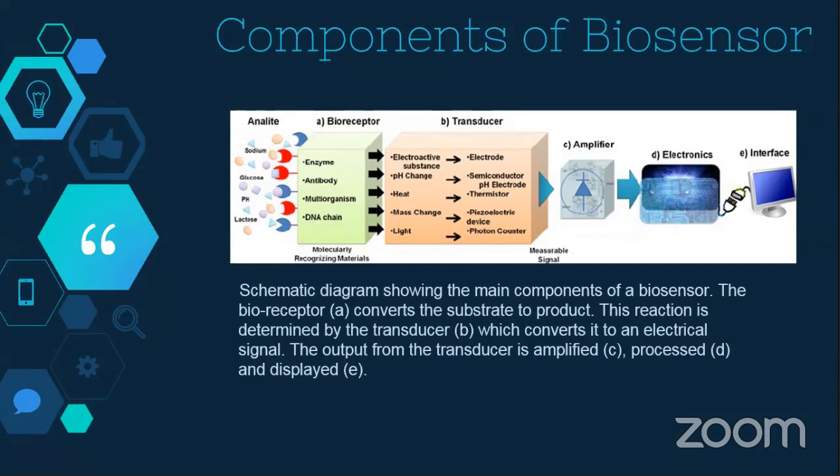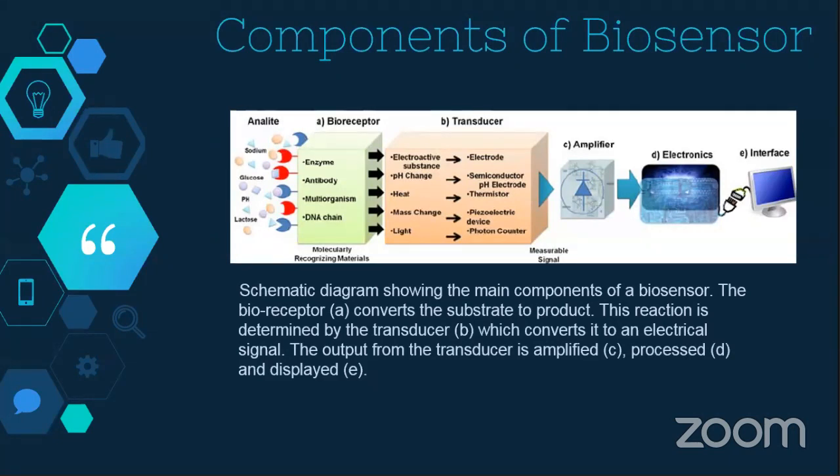This process of energy conversion is known as signalization, and most transducers produce either an optical or electrical signal that is usually proportional to the amount of analyte or bioreceptor interaction between the analyte and the bioreceptor. Then there are certain electronic components involved: one is the amplifier, the other is the electronics.